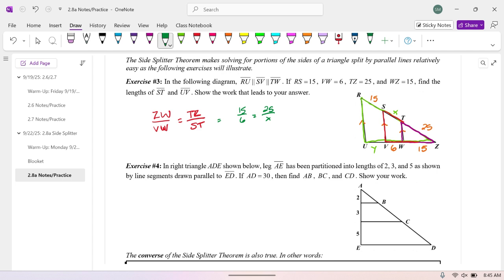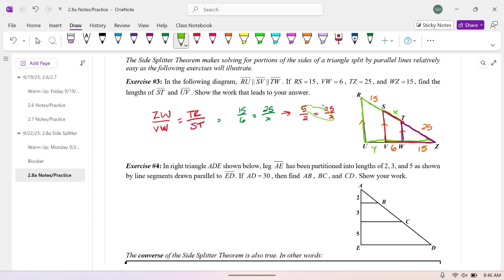To make my life a little easier, I'm going to simplify the 15 over 6 before I do the cross multiplication. What does 15 over 6 simplify down to? 5 over 2. It's equal to 25 over x.